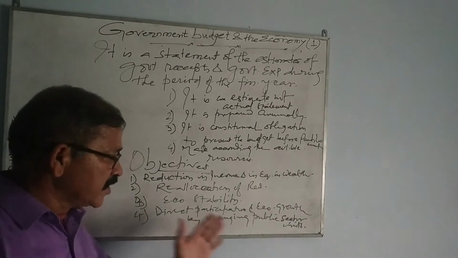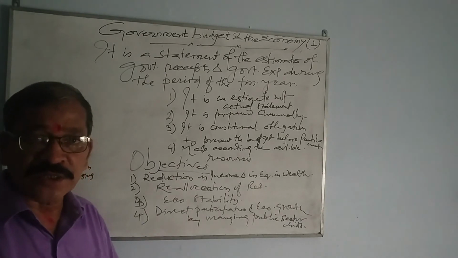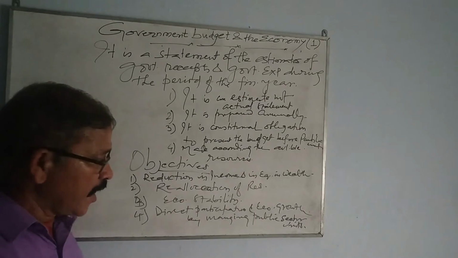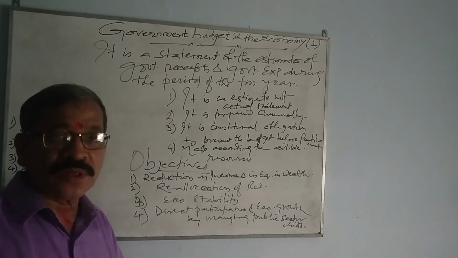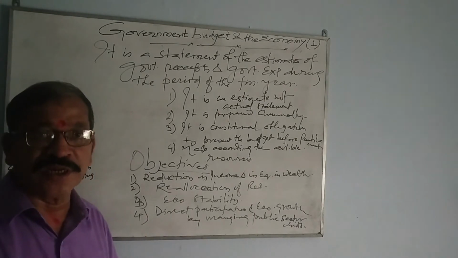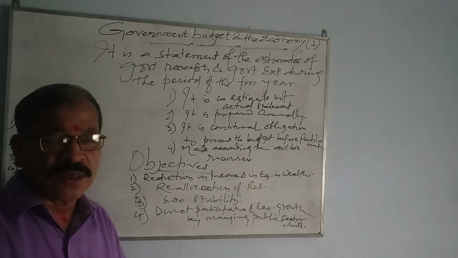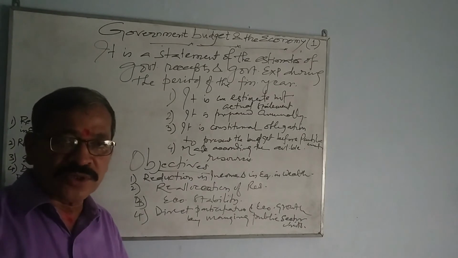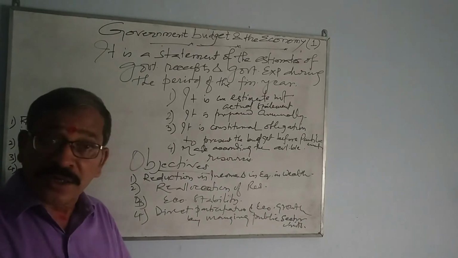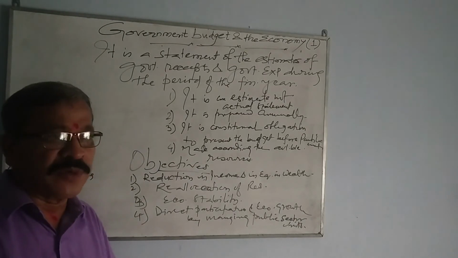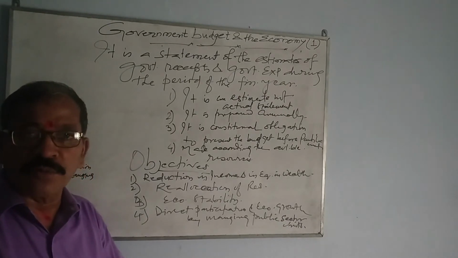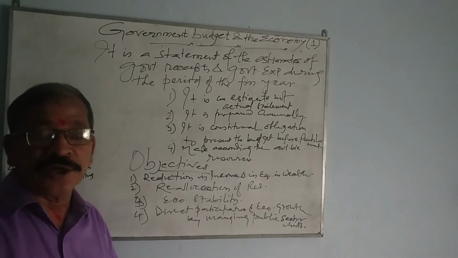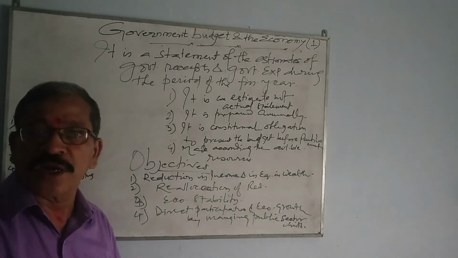So the government always tries through its budget to see that the output as a whole increases, and they also look after the public sector units in India, because public sector units face a lot of competition from the private sector. So they try to ensure that the public sector contributes more and more, so that there will be continuous and sustained growth in the country.